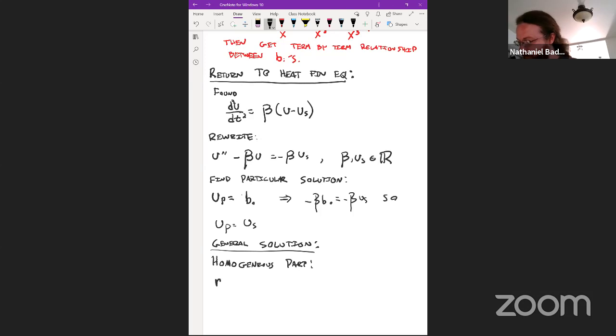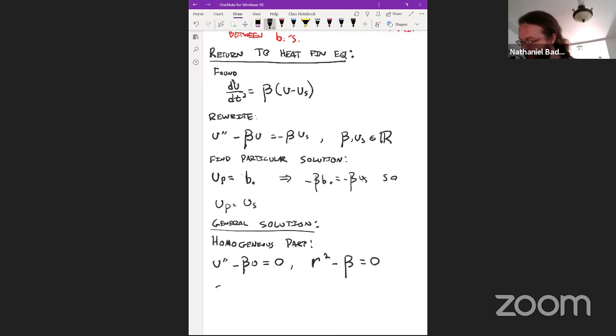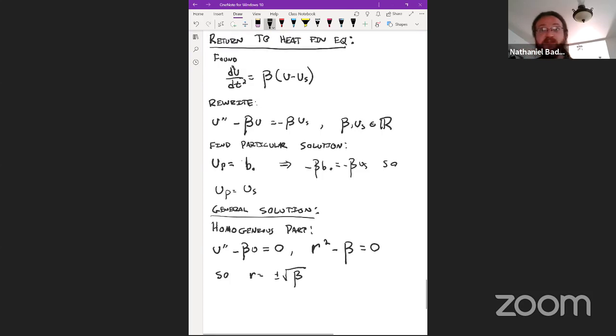So we're gonna get r squared. Oh, sorry, the homogeneous part is going to be second derivative times 0. r squared minus beta equals 0. So r equals plus or minus the square root of beta.